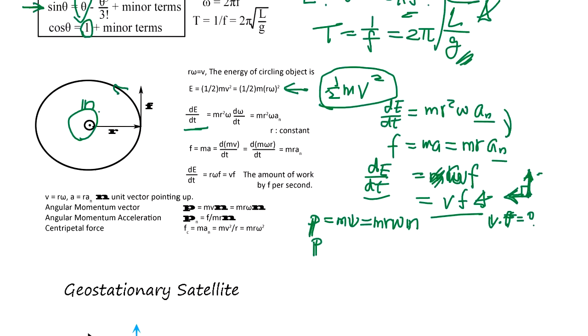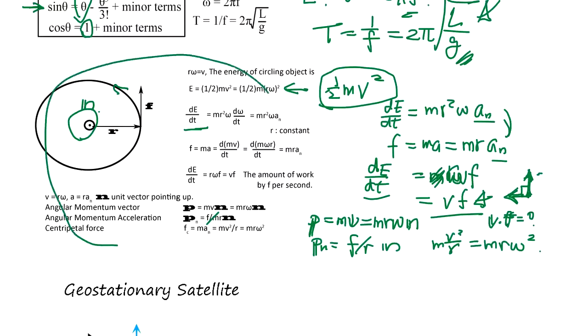And the angular acceleration is F r n, this is wrong, and the centripetal force, we know that already, it's going to be m v square over r or m r omega square. Okay, this is important. This is important later to come up with the rotational motion's basic equation, the Newton-like equation.